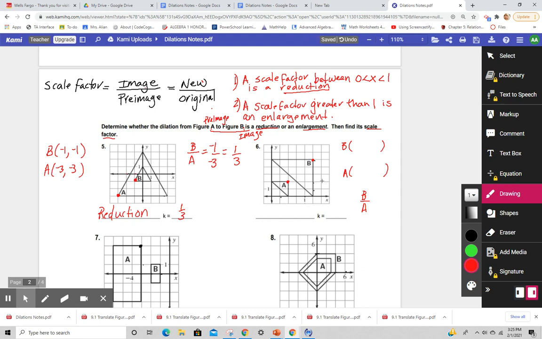It's located at 2, 2. And B is located at 5, 5. If I take the ratio of the x's, it's going to be 5/2. If I take the ratio of the y's, I'm still going to get the same scale factor. That's greater than 1, so this is an enlargement.